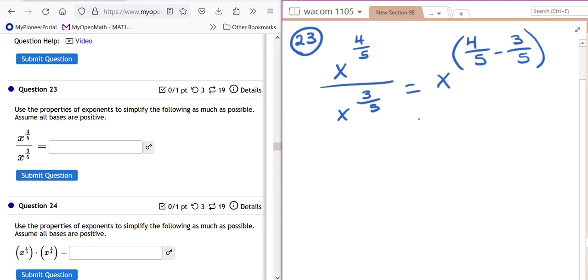Right? So you had to remember the fraction stuff. You can go to your calculator or you can probably do this one by hand. Right? To add or subtract, you have to have a common denominator, which we have. You keep it and you combine the numerator and it's done and it doesn't reduce. So x to the 1/5.